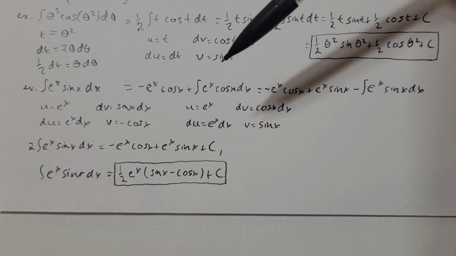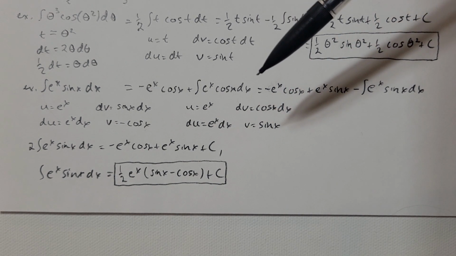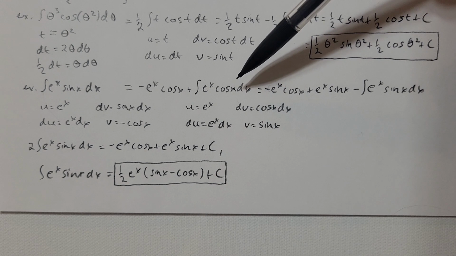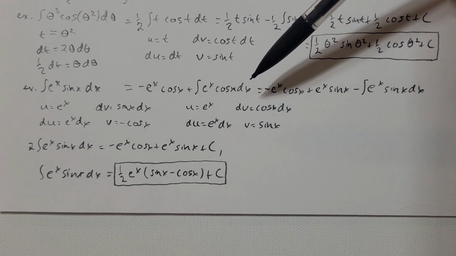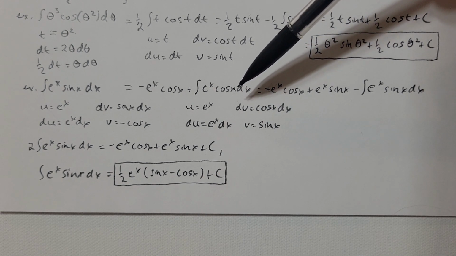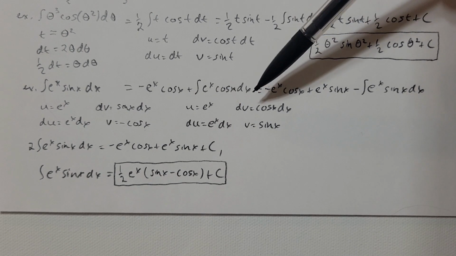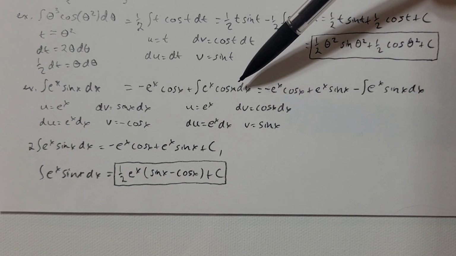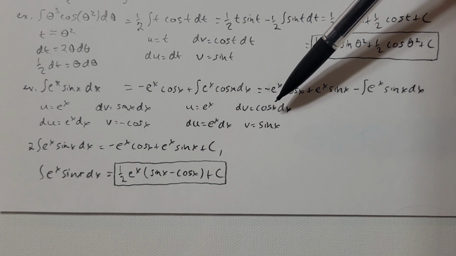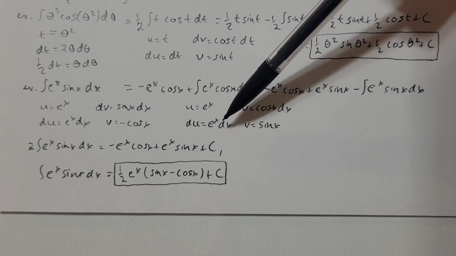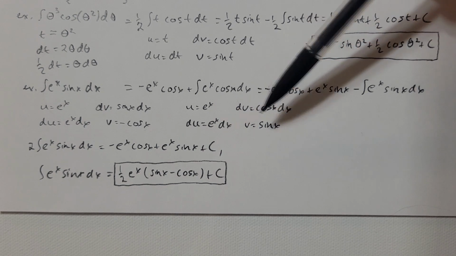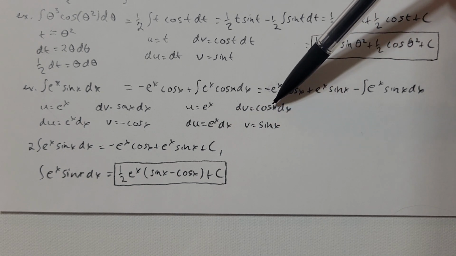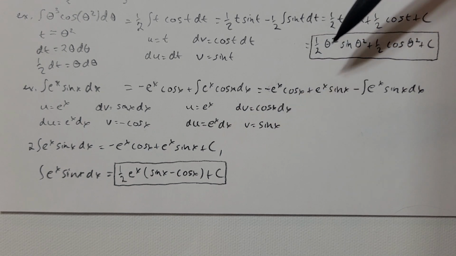Well, let's consider using integration by parts again. Sometimes you need to use integration by parts a couple of times. So if we do this again, let's let u be e to the x and dv be cosine x dx. du is e to the x dx, and v, the antiderivative of cosine x, is sine x.